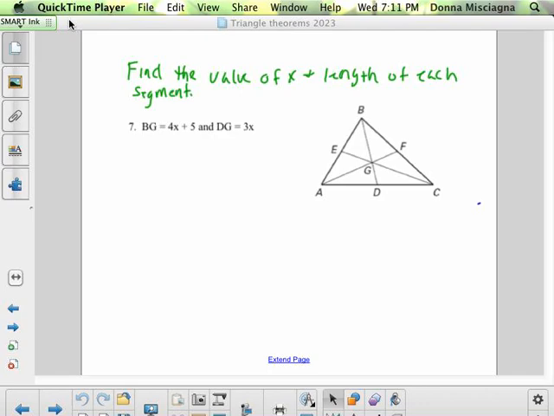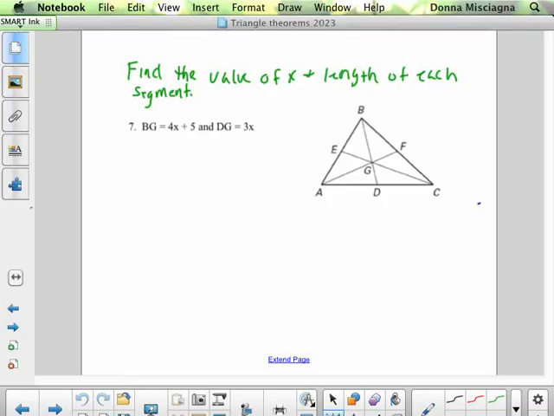So to set this problem up, we have to figure out the relationship between the two segments. I could either use the relationship for BG to DG, or I could use the relationship from DG to BG.